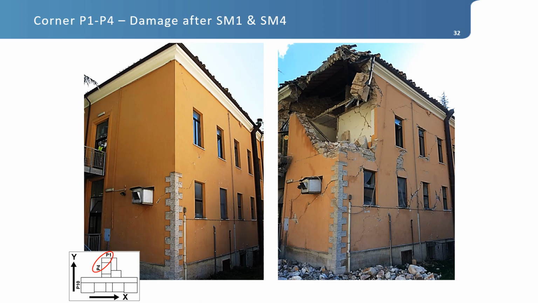And then in a corner, in the picture on the left we see the structure before the earthquake, and then we have the effect of damage with the building corner completely collapsed, at least of the upper level.